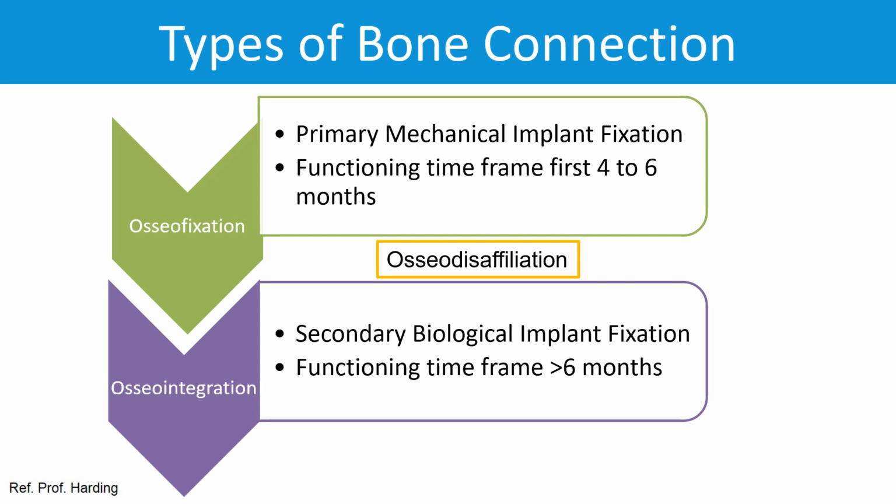It's a biological attachment. Now, of course, during this period, should the implant not be able to function and has to be removed, well, then we've got a situation of osteodisaffiliation, which is the failure to either develop or form this biological attachment of osteointegration.